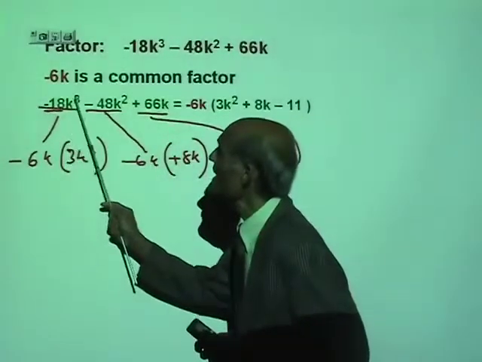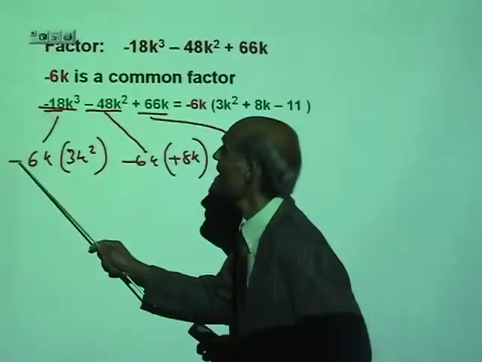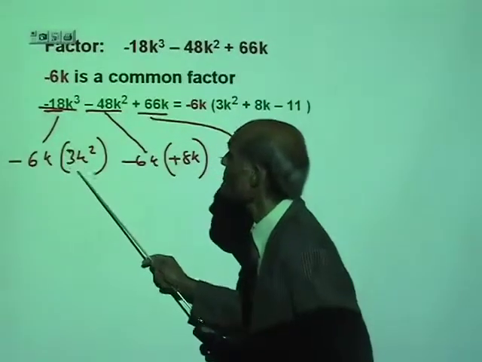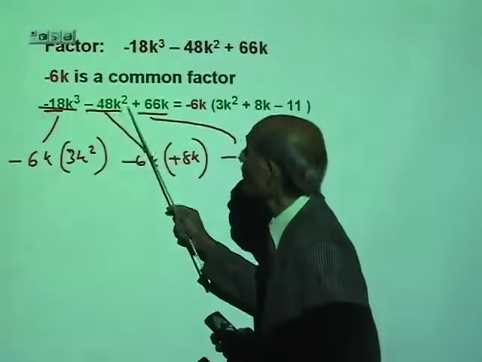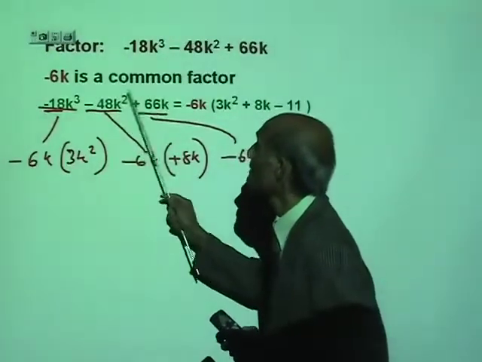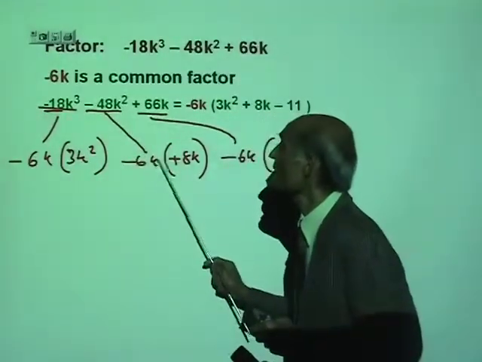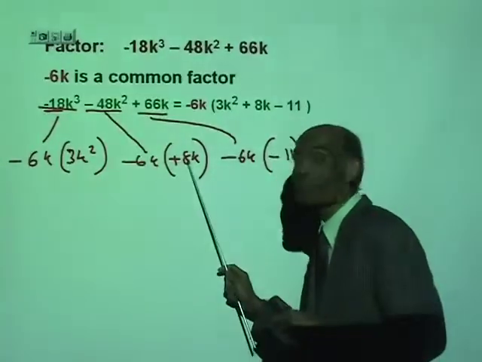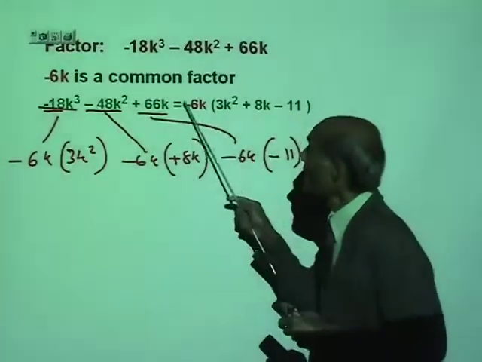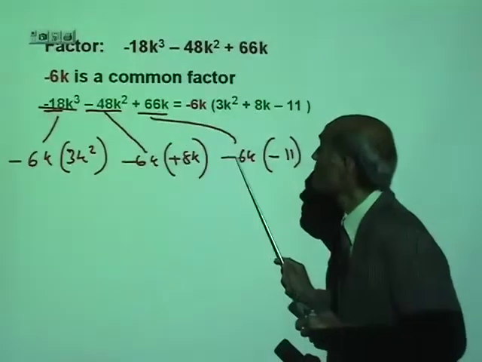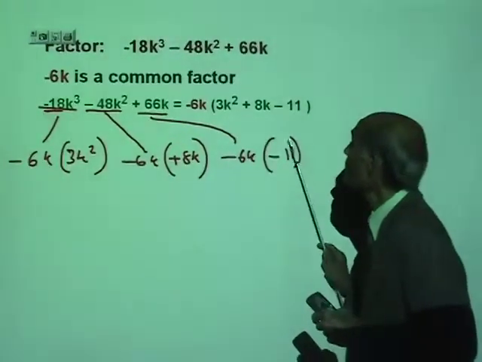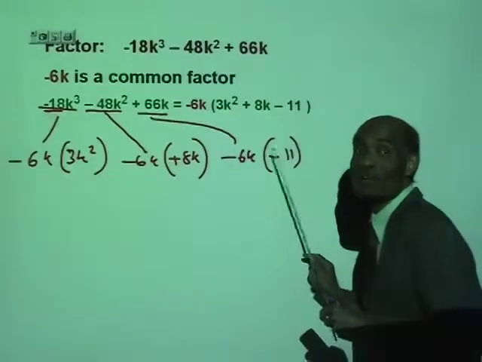Negative 18k cubed is negative 6k times 3k squared. Negative 48k squared is negative 6k times positive 8k. And positive 66k is negative 6k multiplied by negative 11.